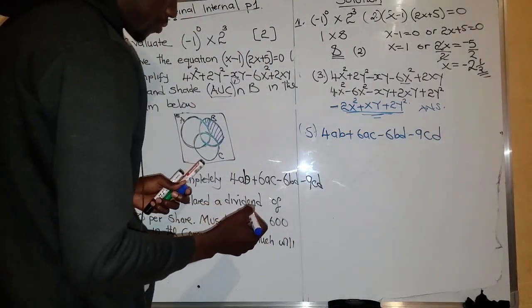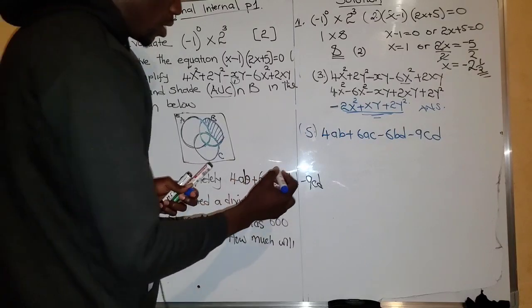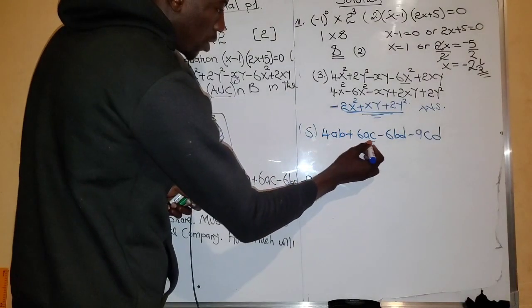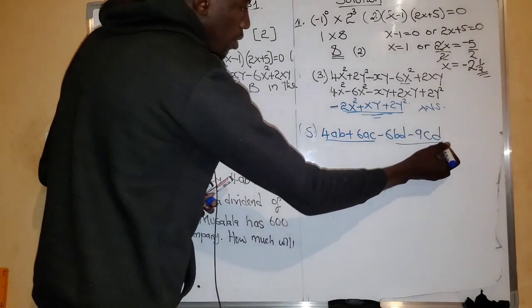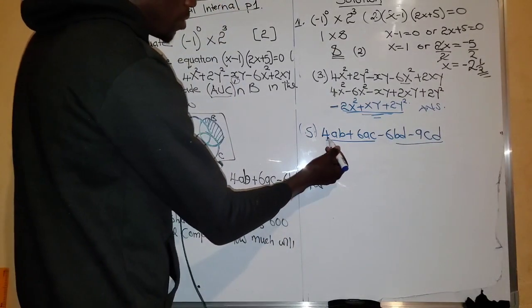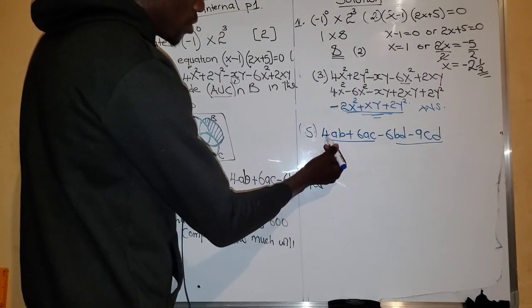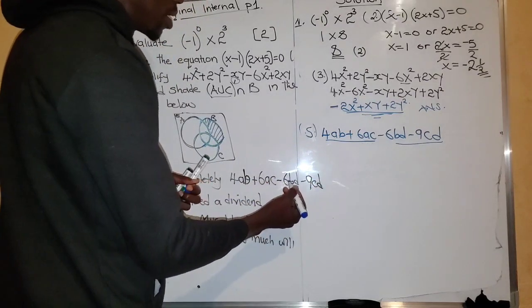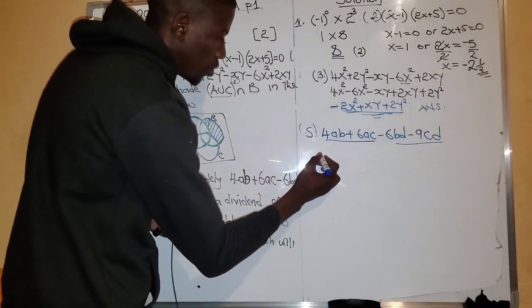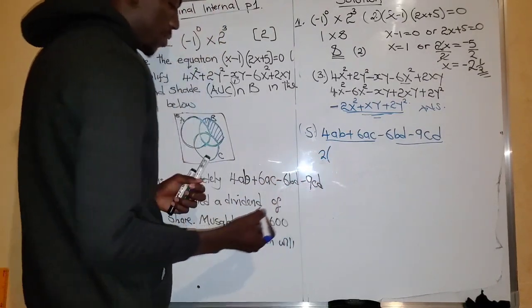So when you look at these two, we also factorize the other two there. What is common here in terms of number? There is a number that can go into 4 and 6 without leaving a remainder. That number is 2. So you say 2 open brackets.